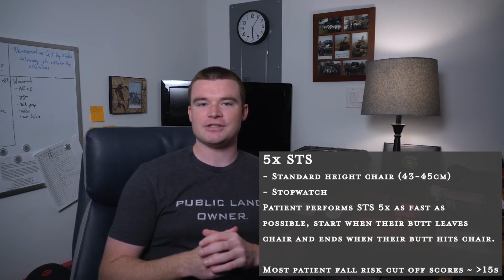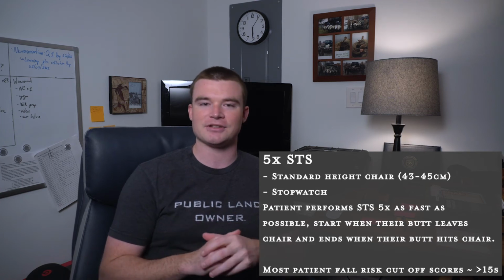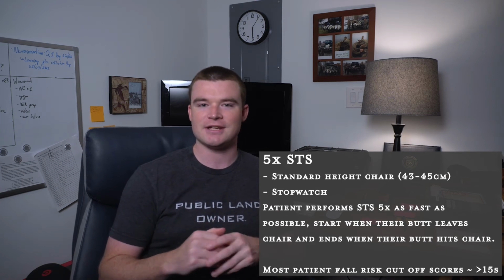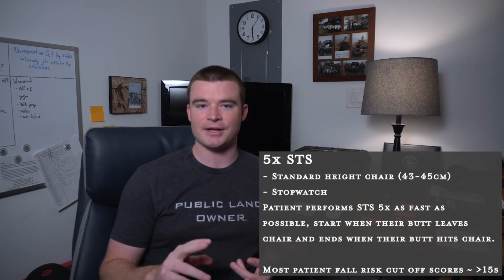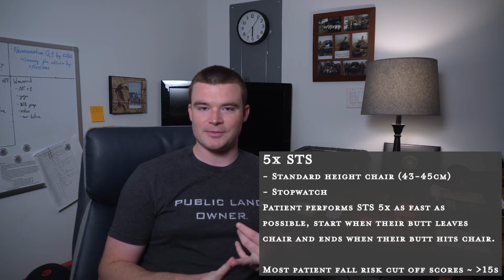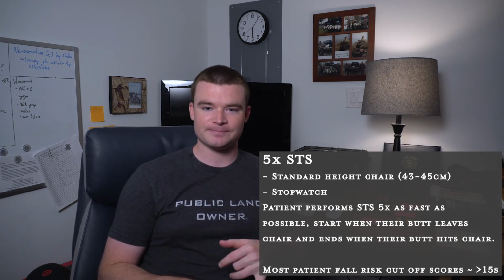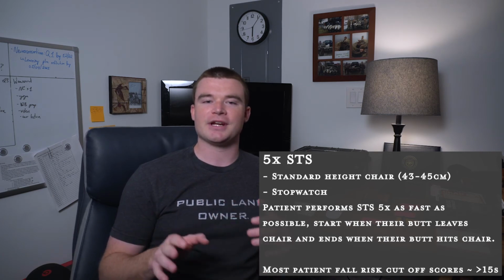But it's a great outcome measure to use because it's quick. It takes less than a minute, even with the practice trials, depending on how long your patient needs to rest. You can use it to assess not only the activity of sit to stand, but the body structure function of lower extremity strength, lower extremity endurance, motor coordination, and timing, just because all of those can play into it.